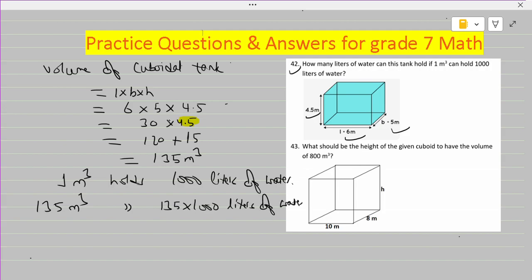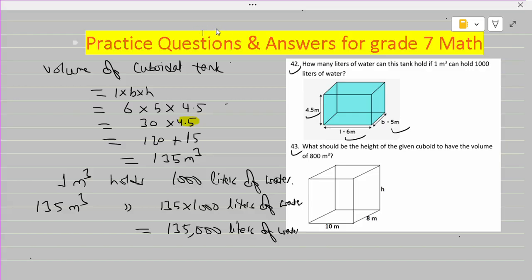That's 135 with three zeros, so it's 135,000 liters of water that can be kept in the tank. So that was number 42, and now I go with number 43.